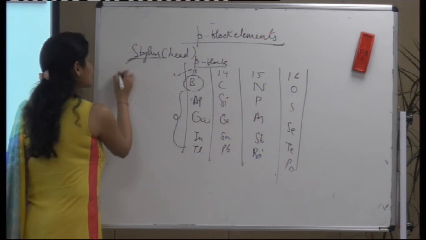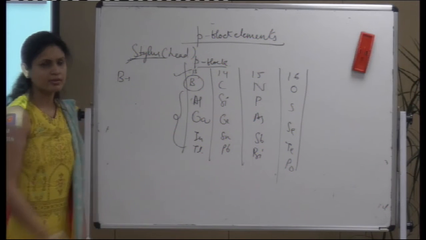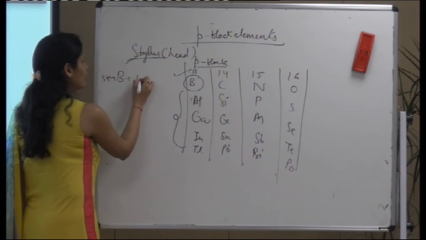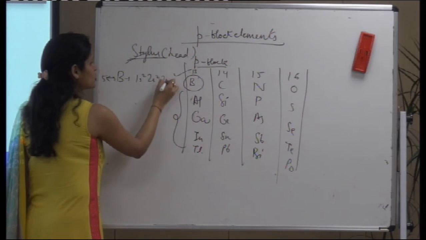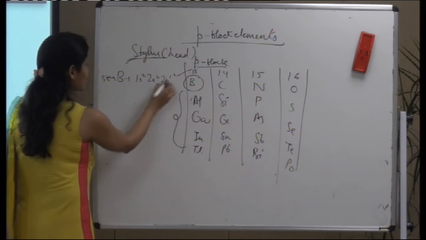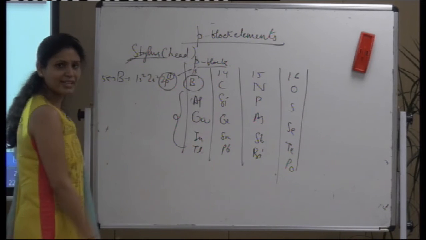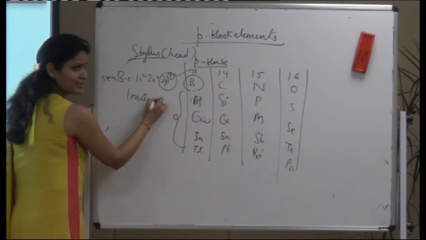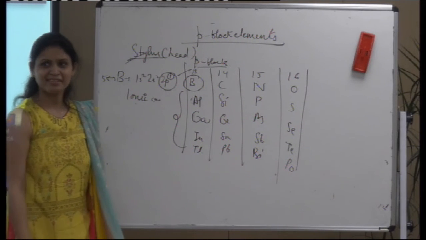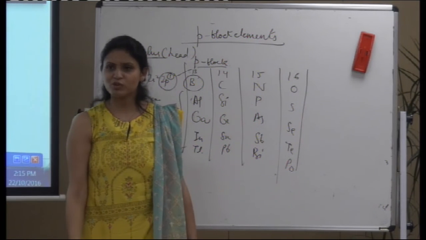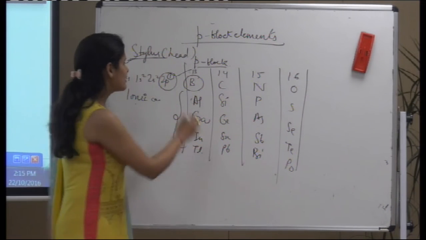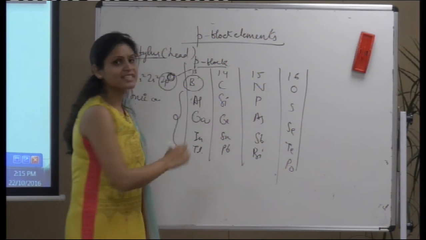What is the electronic configuration for boron? Atomic number is 5, 1s2, 2s2, 2p1. So it can easily lose one electron. So it should form ionic compounds, right? Boron should form ionic compounds, but this is not true because taking out this electron is very difficult.